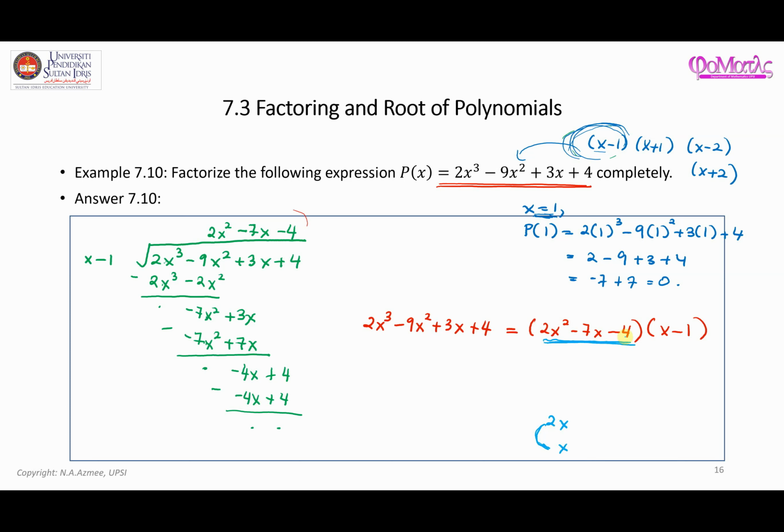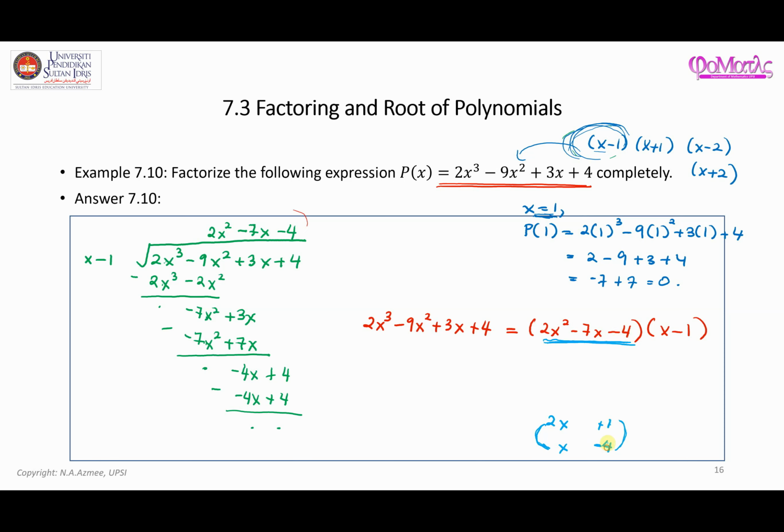Next, I need to find the factor for 4 such that when I multiply, I get negative 4. So it could be 4 and 1, but I need to have negative value here. So this could be negative 4, positive 1.